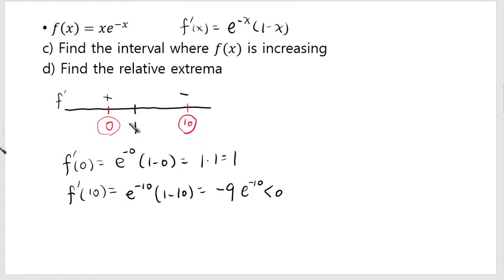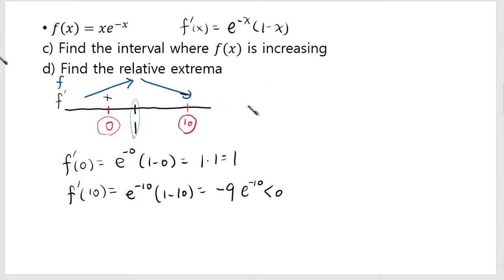So over here it's negative. What does that mean for the function? It means that the function will be increasing before 1 and decreasing after 1. Okay? And therefore, we see that at 1 we have a relative maximum.